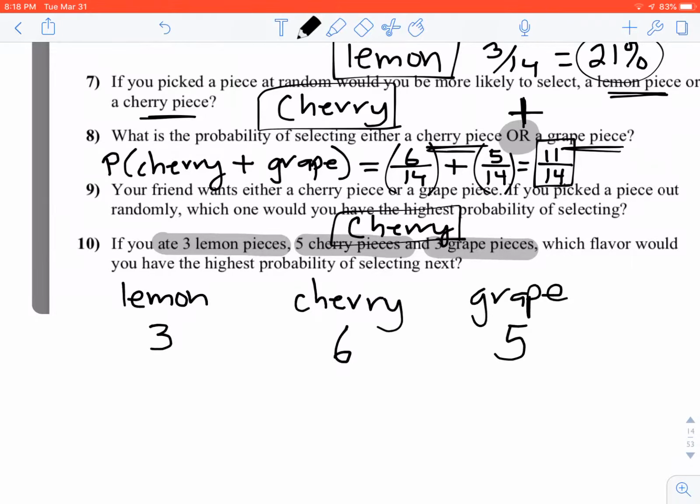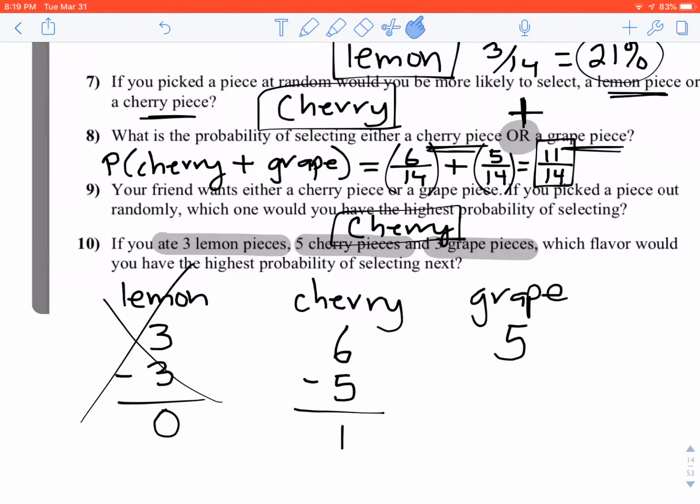They're telling us that we ate 3 lemon pieces, so we're going to take those away. So the lemon candy bars are gone. That one cannot have the highest probability of being selected next because they're all gone. The cherry pieces, there are 5 that we're eating, so there's going to be 1 cherry piece left.